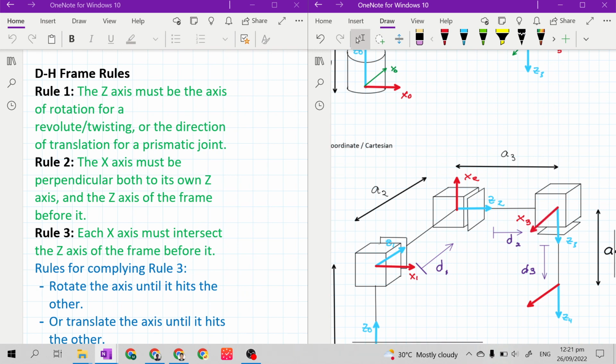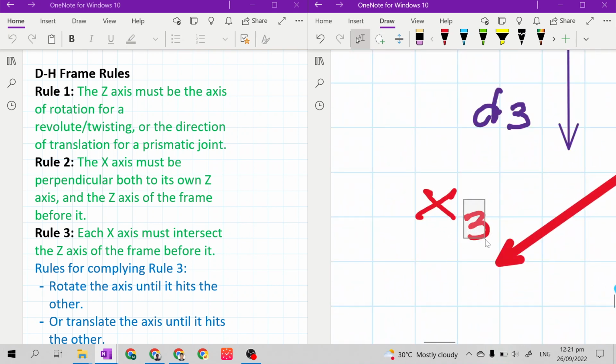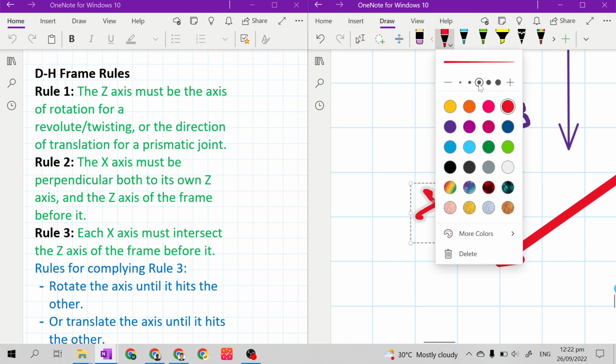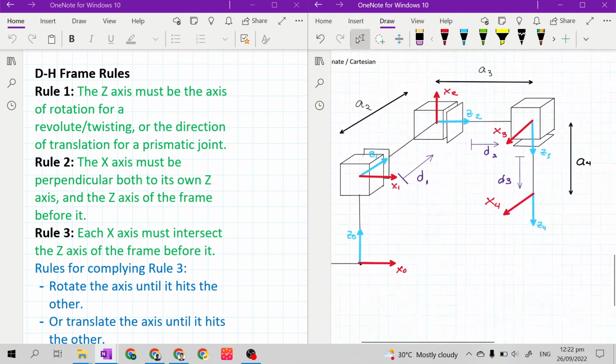Okay, so this will be x sub 4. Oh, it's too thick. Let's make it thinner. Okay, so this is x sub 4.